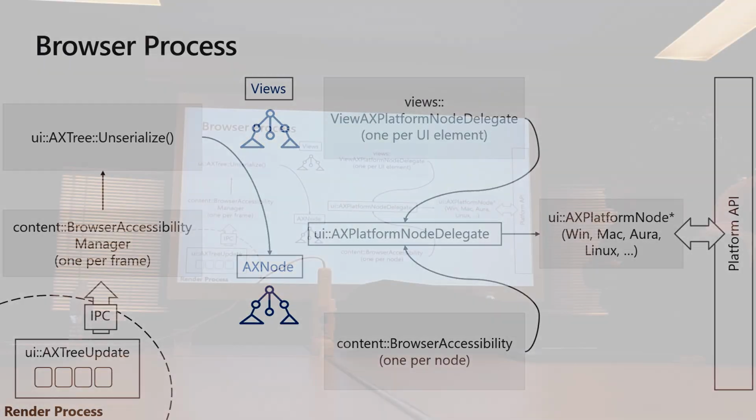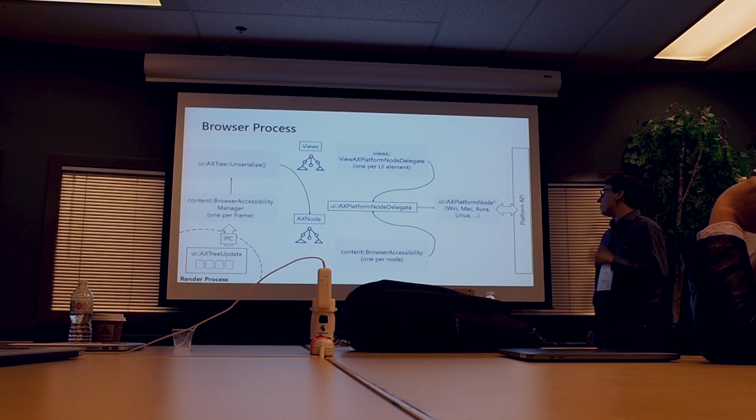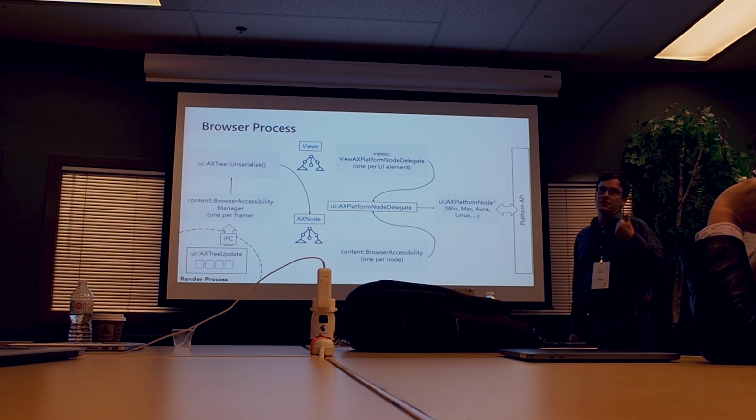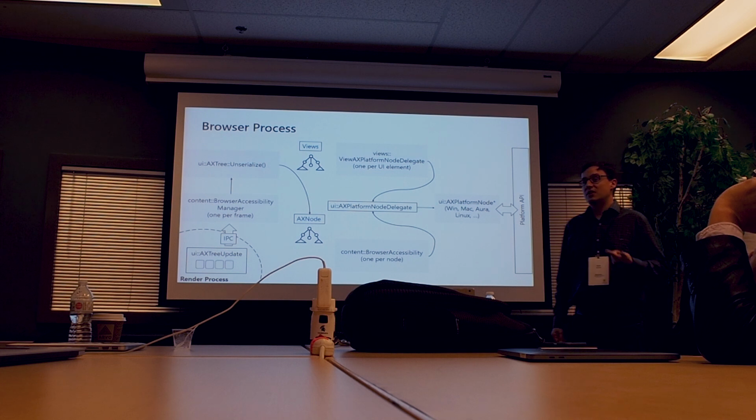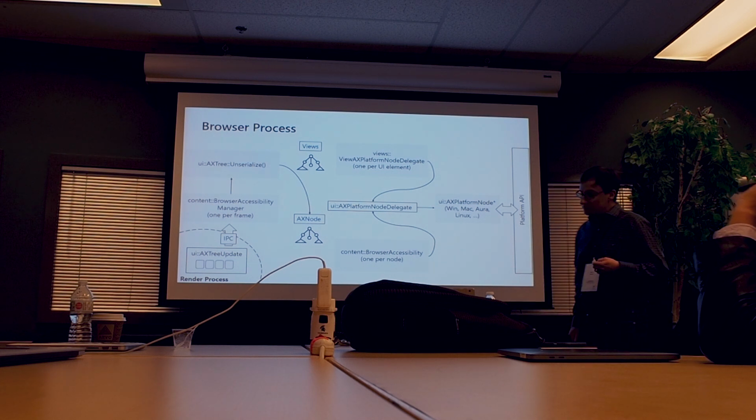There's a lot of classes that are mouthfuls in this area for Views UI. And so with this architecture, we have one class that knows how to implement the platform APIs, regardless of whether we're doing so for web content, for browser user interface elements, or anything else that's happening in Chrome.